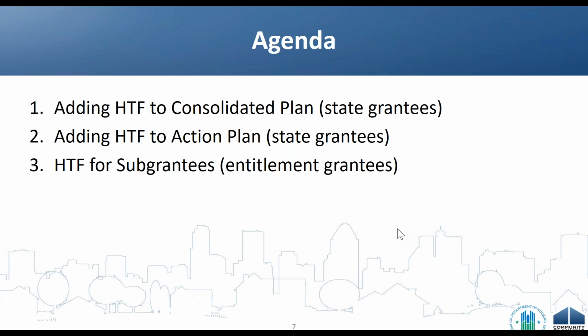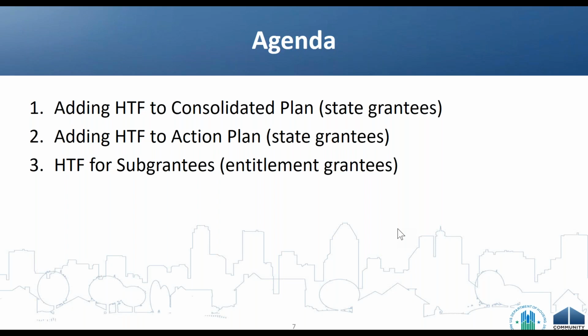In today's session, we'll be talking through three main topics. The first is adding the Housing Trust Fund to your consolidated plan. What is the process to make sure that HTF is included in all of the relevant con plan screens, and how to make sure when you're creating your new con plan or copying your prior year con plan, that HTF is included.